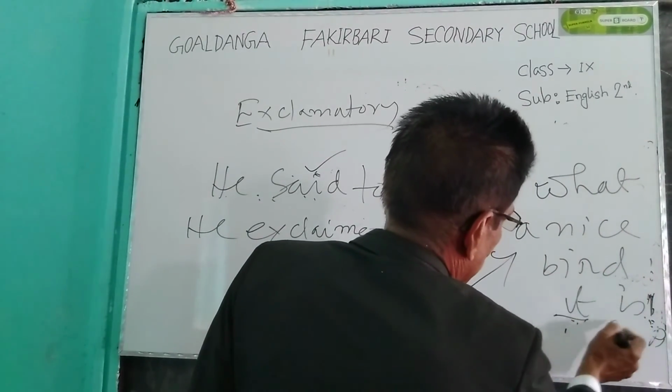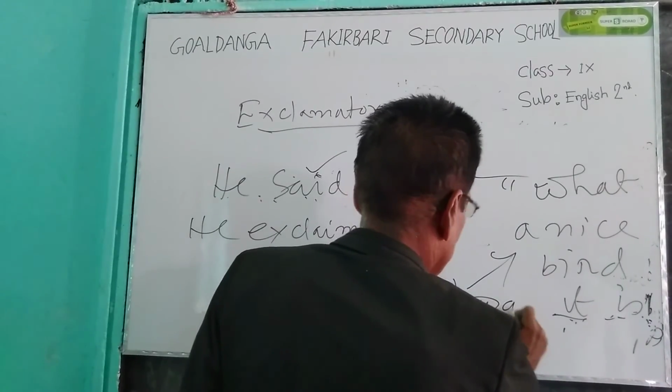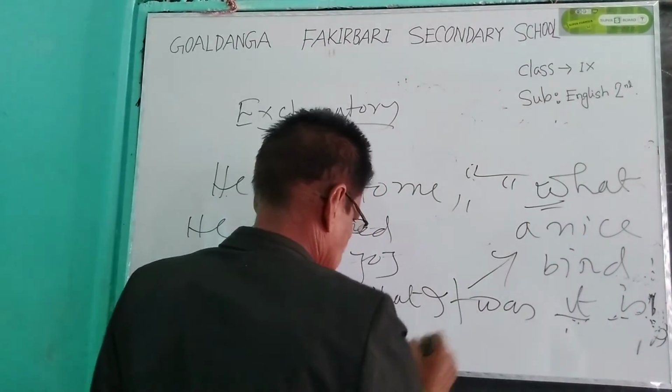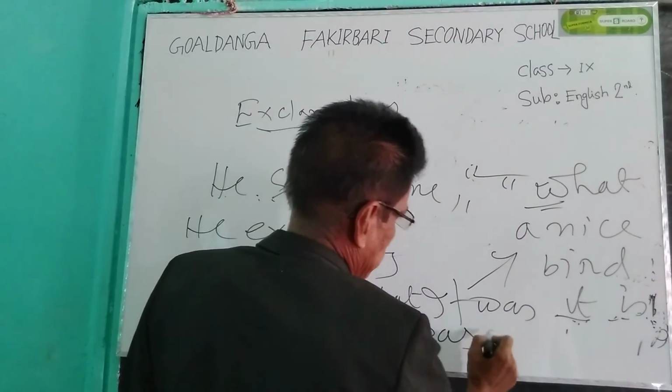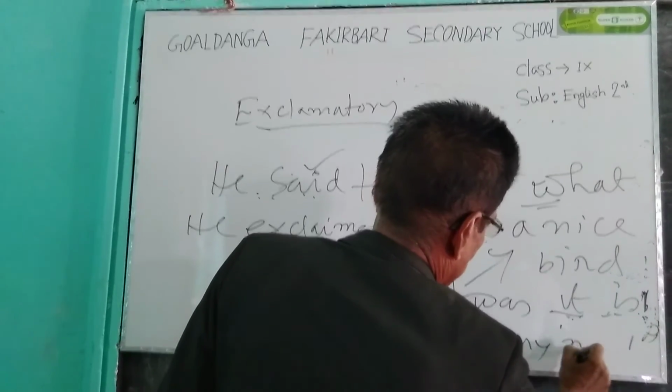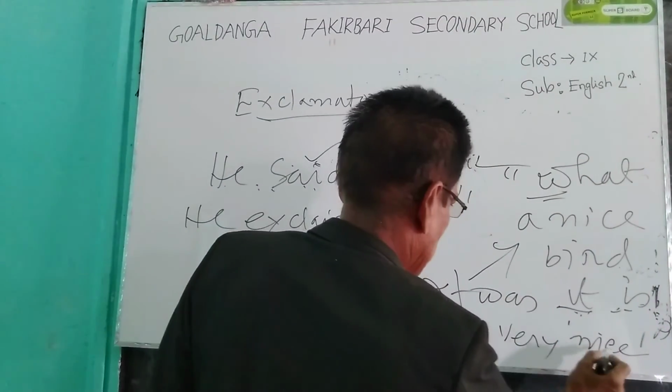That is why the is will be was. What will be omitted, and very or great will be used instead of what and how. It was a very nice bird.